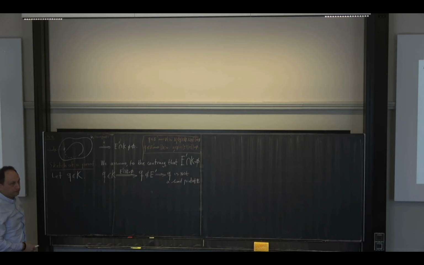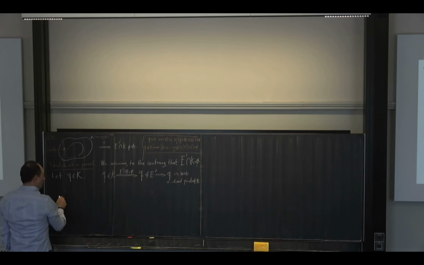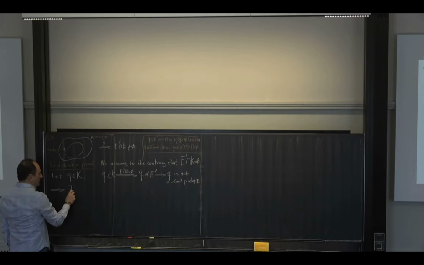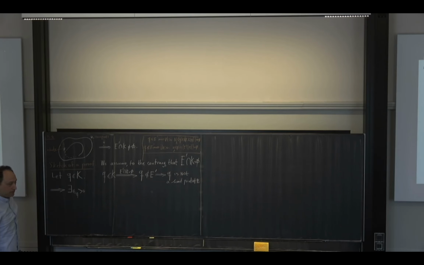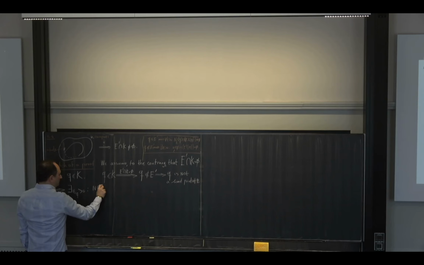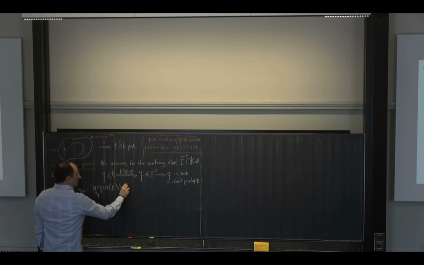The negation of a universal quantifier is existential quantifier, and then I have to negate this statement, which becomes equality. Is that right? Okay, so when you say that Q is not a limit point, what is the conclusion? Exactly what I have written. There exists an epsilon, but because Q is an arbitrary element chosen from K, this epsilon might depend on Q. So that's why this time I want to equip it with an index Q. There exists an epsilon_Q such that the neighborhood intersect E minus Q is empty.